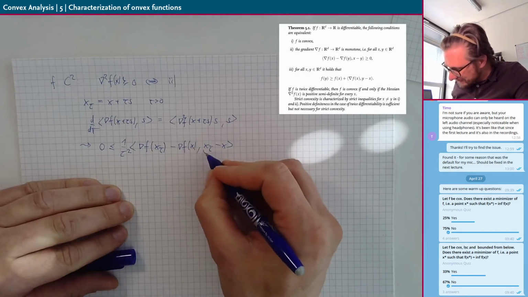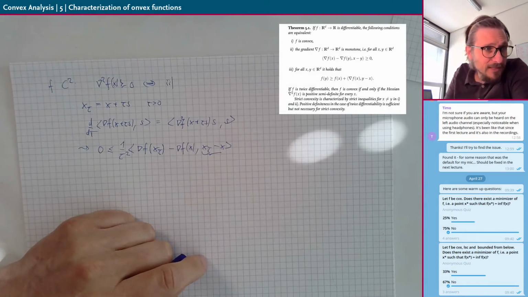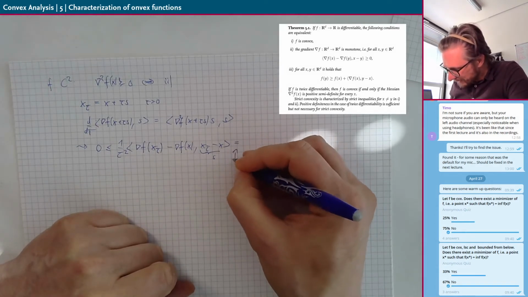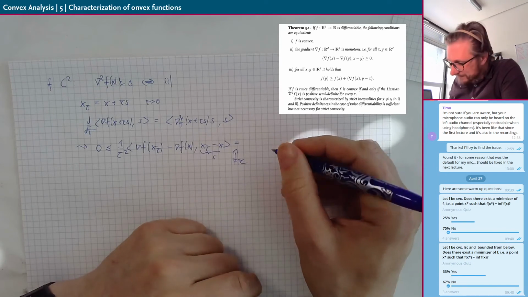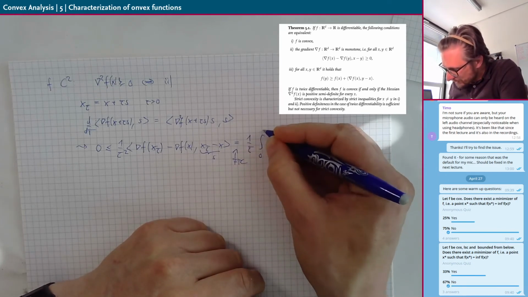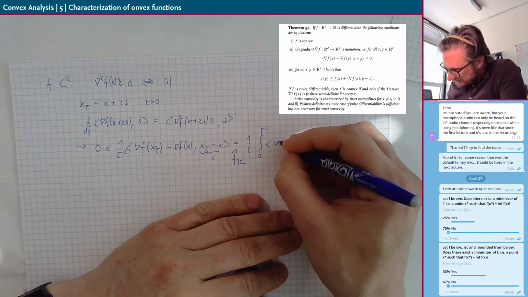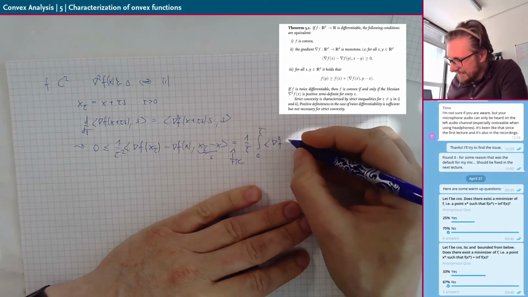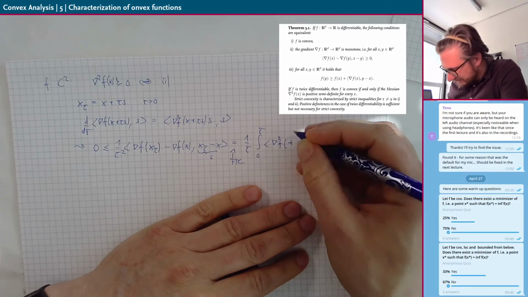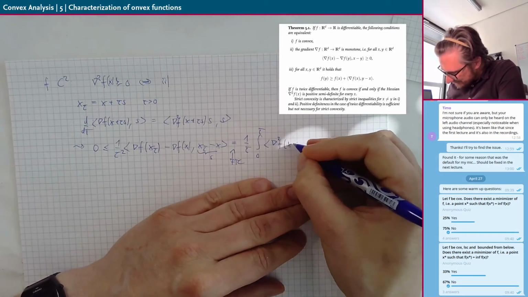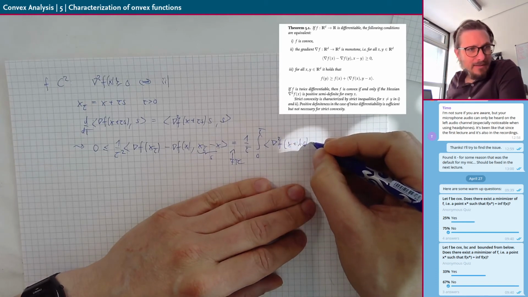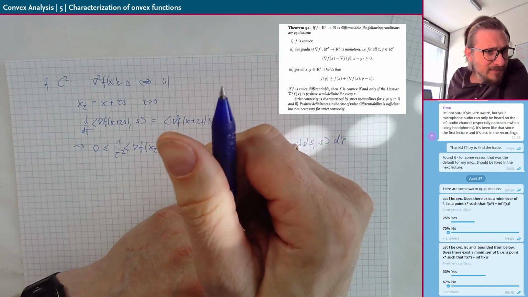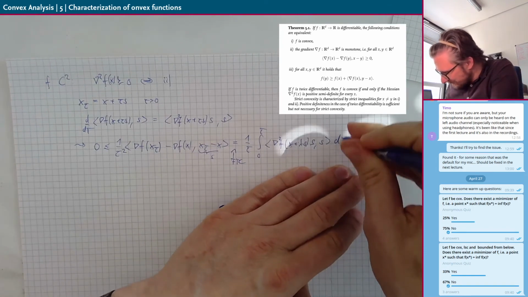Again by the fundamental theorem of calculus, we can write this as an integral from 0 to tau over the Hessian of f at x plus lambda s, times s, times s, over tau. That's lambda, and then we integrate over lambda, so that's correct.